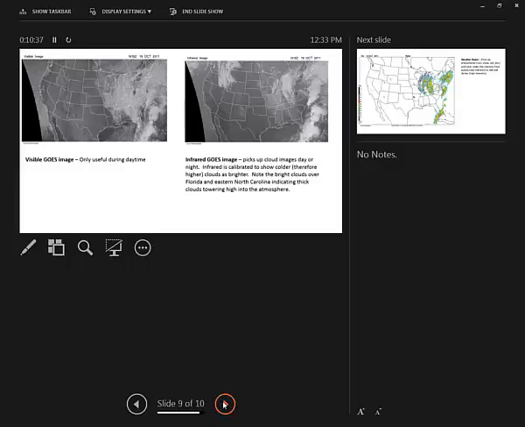But if you look to the right, we see an infrared image, and this is taken at the same time as the one on the left, the visible image. So you can see that this one, even though it's dark west of, say, Missouri and Iowa, it's still showing up the clouds that are occurring in the northwestern part of the United States. Now, the other thing about infrared images is it's calibrated to show our colder clouds, which really means their tops are higher, as being brighter.